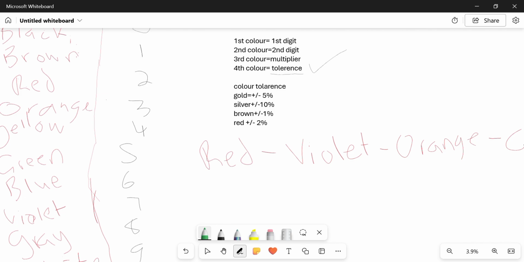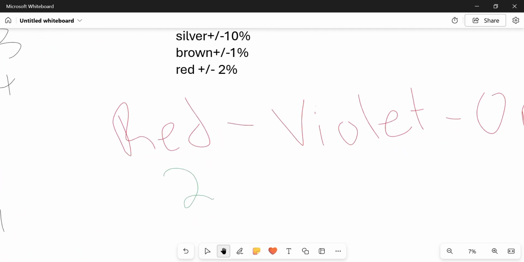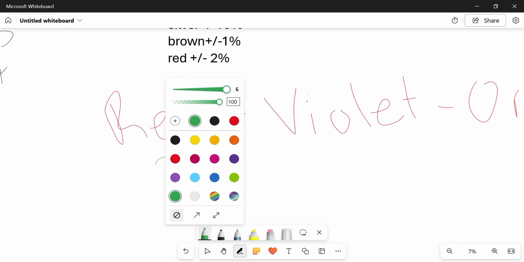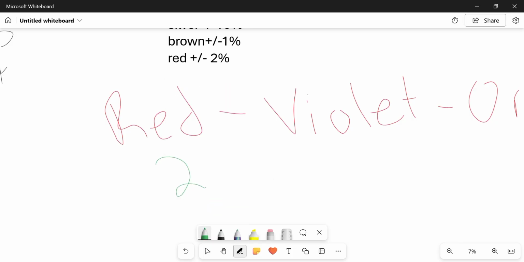The first color here is red. So the first color is the first digit. Red has the digit 2, which is going to be written here. So let me just increase my screen. 2. Then you go to violet, which is 7. Then the third color is orange.